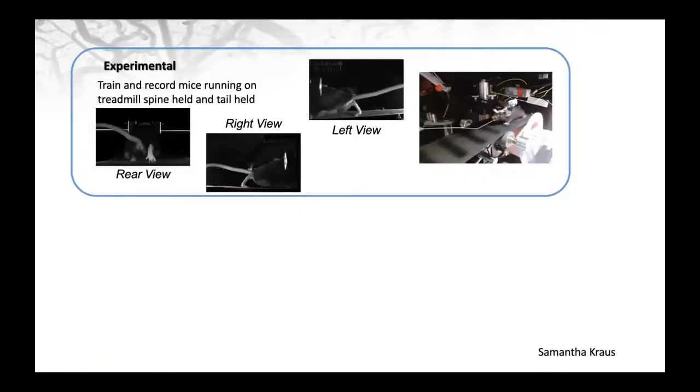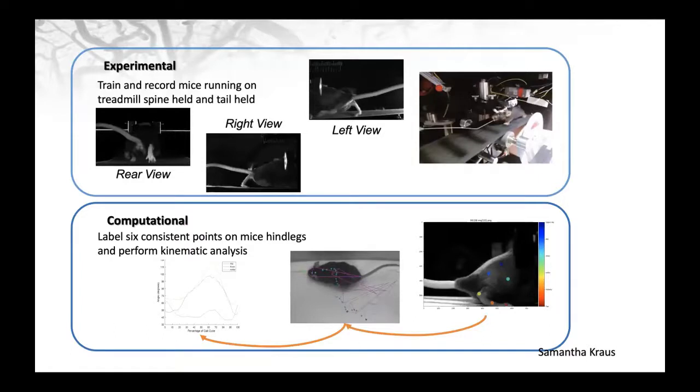All right. So I mentioned the automated limb detection. What we need to do is first train the mice to run on the treadmill. This is an example of the treadmill over here. After the mice are trained, we're able to use the cameras to film the left and right side of the mouse, and then use DeepLabCut, which is able to mark different points of interest on the mouse.